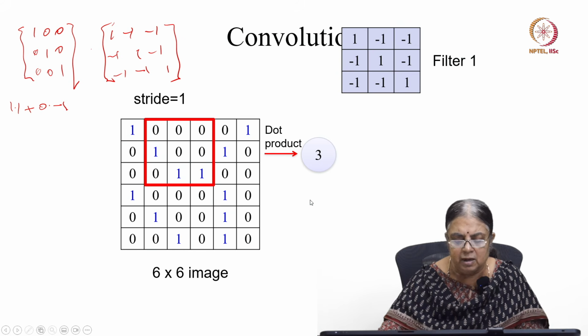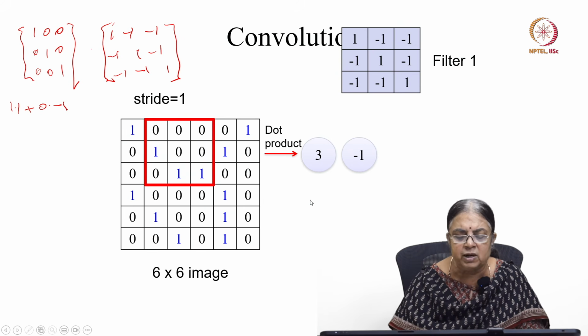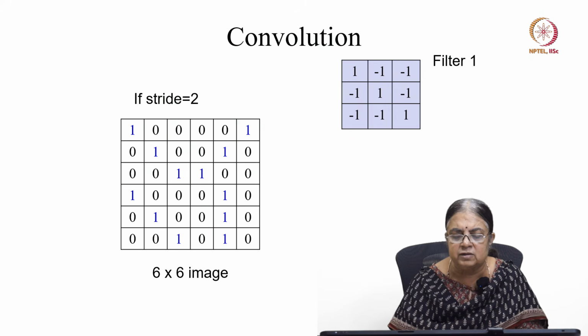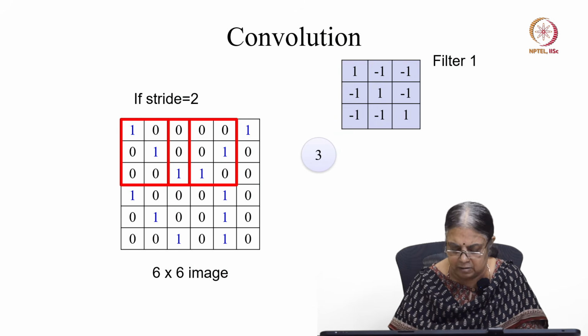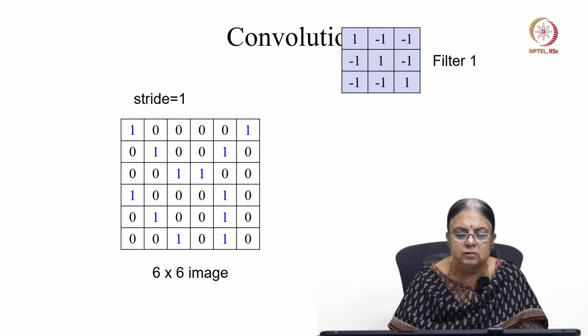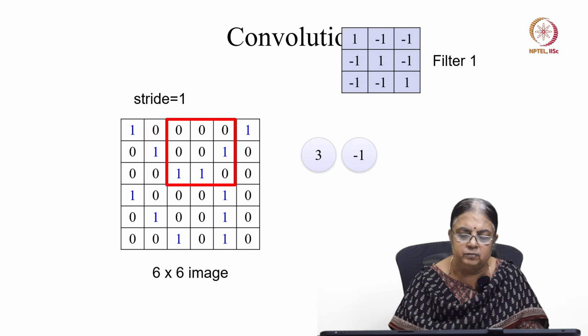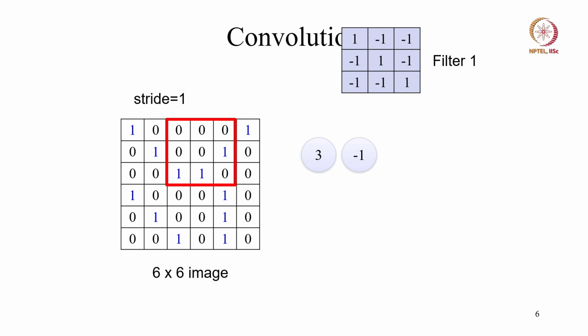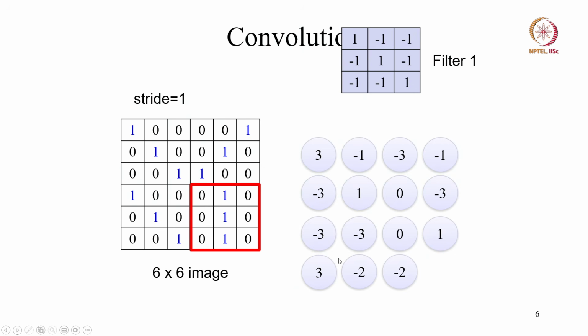And you are going to get values like this. In this way you are going to get a 4 by 4 image.